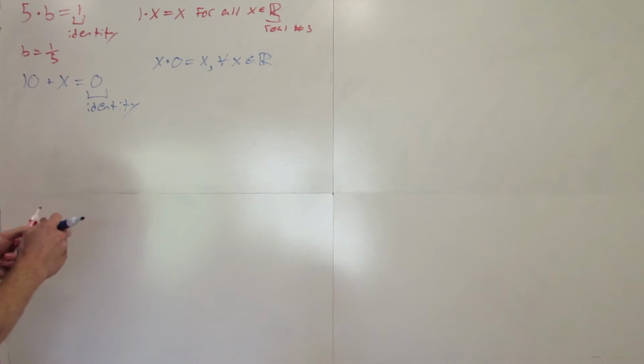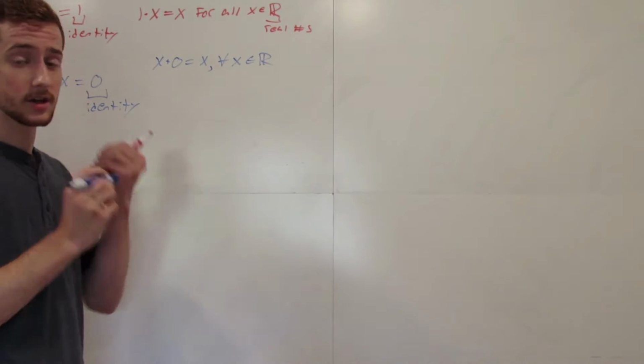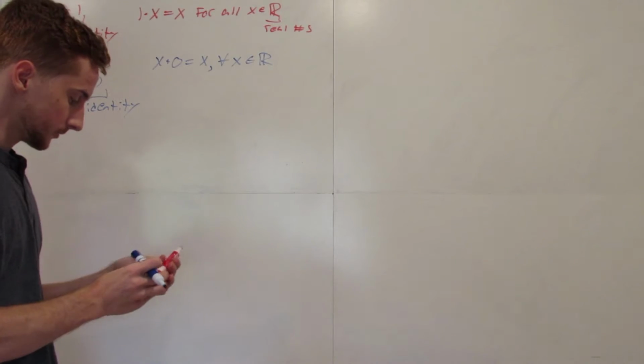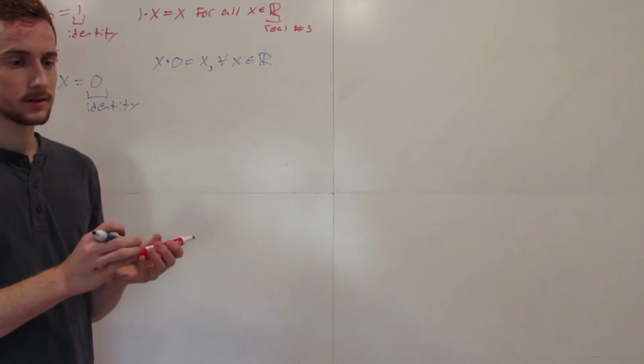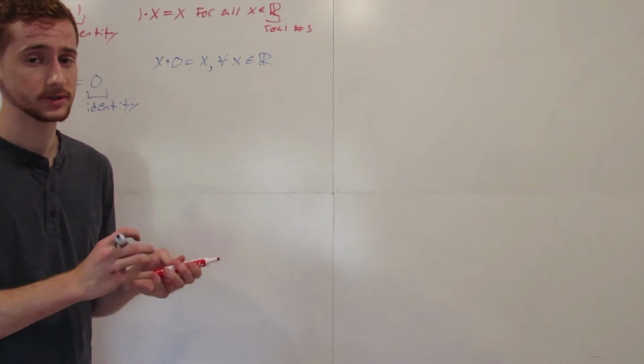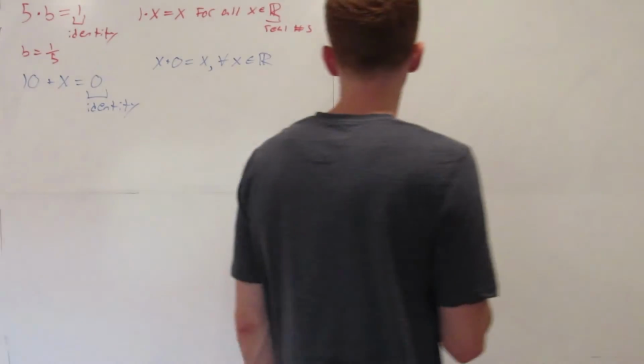So then you might be asking yourself, how do we find the inverse for matrix multiplication? Does there exist an inverse in matrix multiplication? First of all, to find how to get an inverse, we first need to identify the identity element.